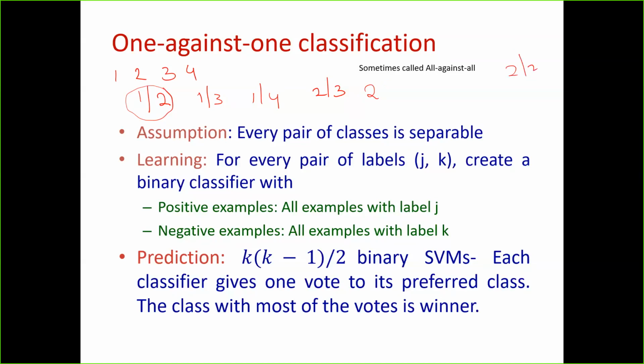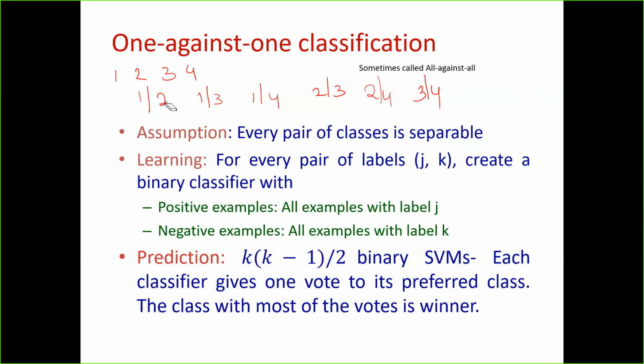We need not, right? 2 versus 2, 3 versus 3, 4 versus 4, all these are not required. Unique pairs are considered as one. So 2 versus 4 and 3 versus 4. So total 6 classifiers we need to train.